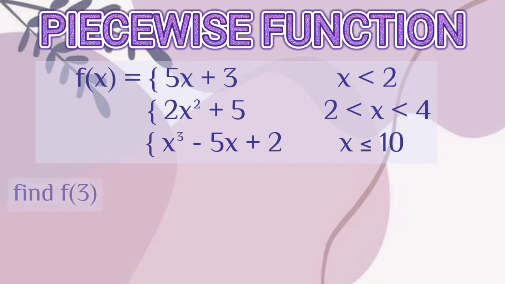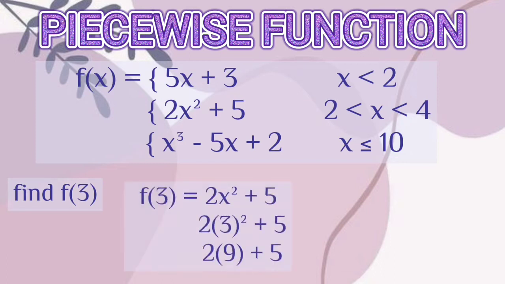Let's try to answer the first one. Find f(3), where the value of x is 3. What are we going to use to find the answer? If the value of x is 3, of course, we are going to use the second condition because 3 is less than 4 but greater than 2. So let's put it in our expression, which is 2x squared plus 5.